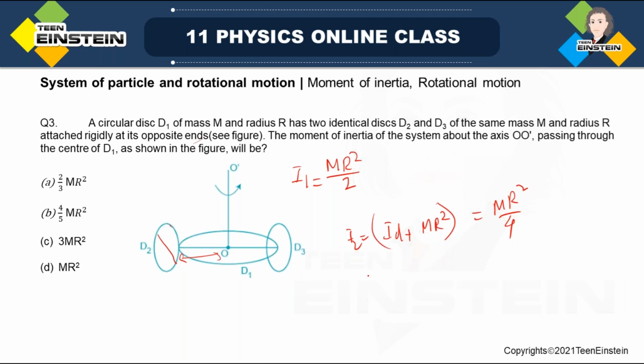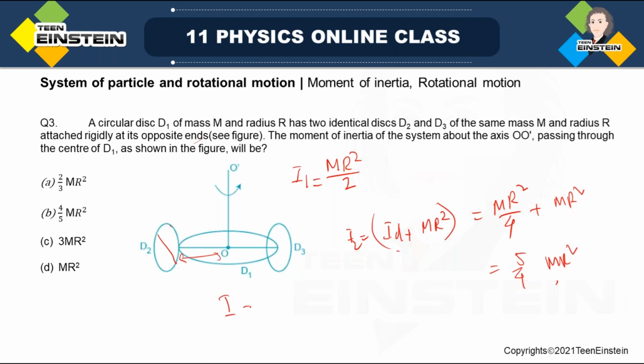So let us write the total moment of inertia of this. The moment of inertia of the system about an axis O prime passing through the center of D1, as shown in the figure, will be I diameter plus this, so this is 5 by 4 mr square. 5 by 4 mr square is the moment of inertia of each disk about this particular axis.